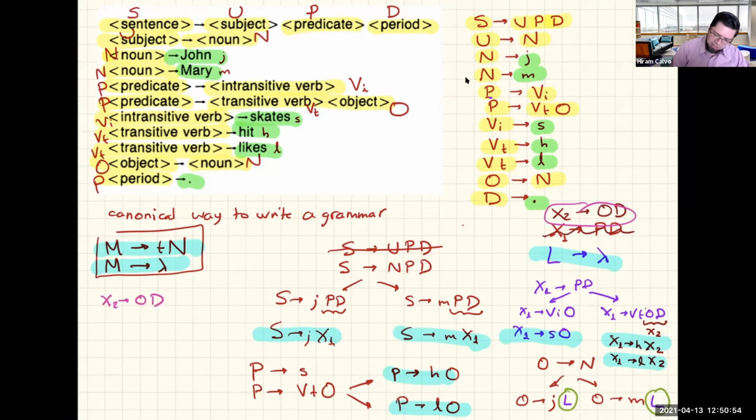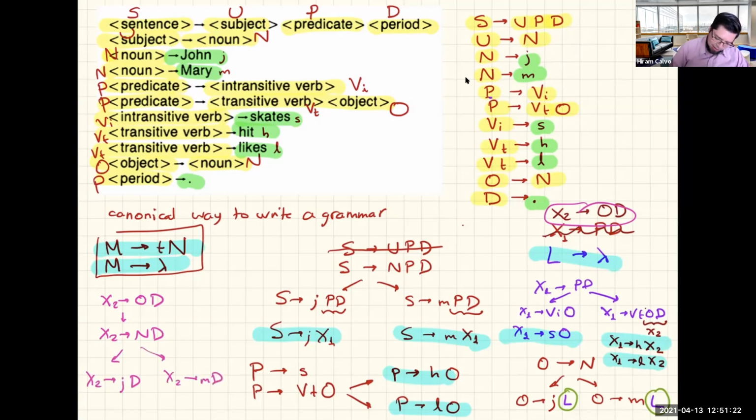So I will substitute O by N. Now I have ND, and N can be only J or M. X2, M, J, or X2, M, D. And that's it.